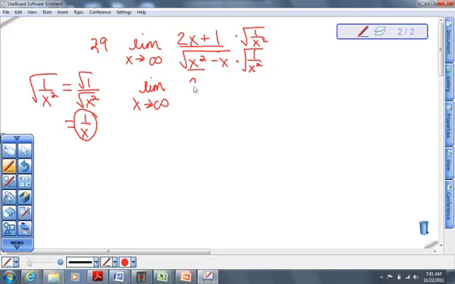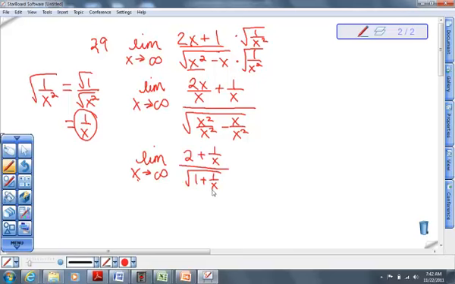So we have 2x divided by x, plus 1 over x, all over, and then down below I have x squared divided by x squared, minus x over x squared, because I can take that 1 over x squared and distribute it to everything underneath that radical.